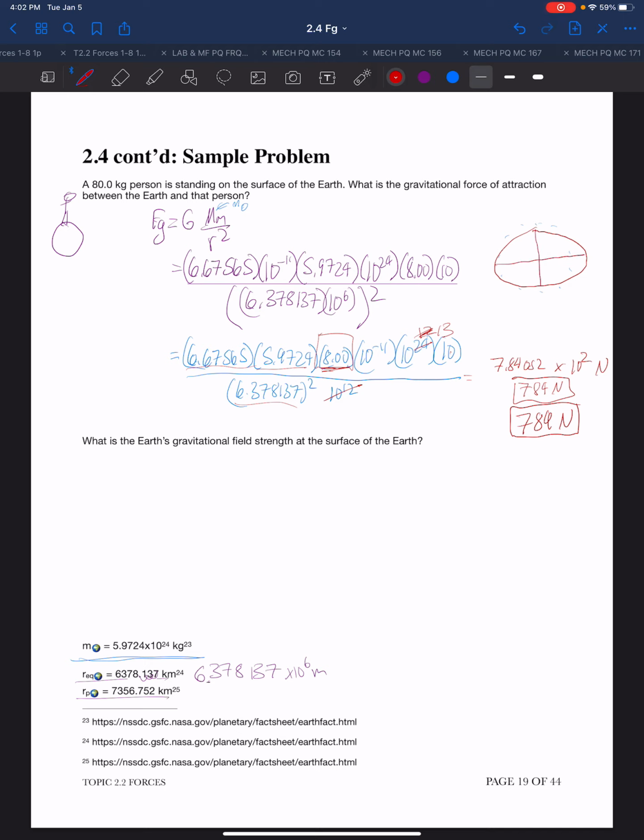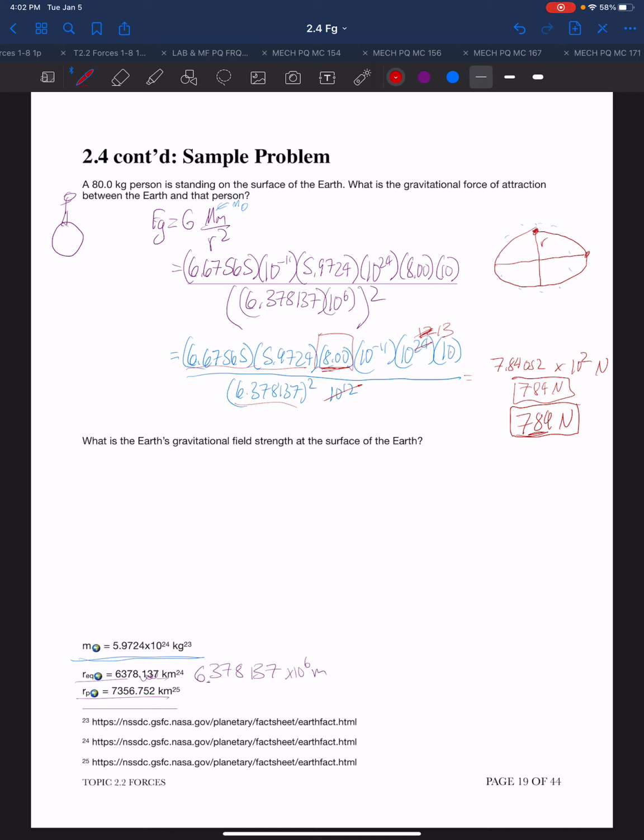And so what we see when we're at the poles is that that distance, r, distance between the centers of the two objects, is less. Since they're closer together, the force is larger, so at the poles we weigh more. And when we're at the equator, we're farther away, so the force of gravity is less, we weigh less. So that's how we could do that with the Earth and the weight of a person on the Earth.